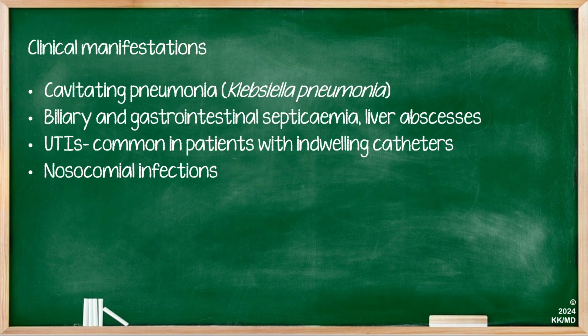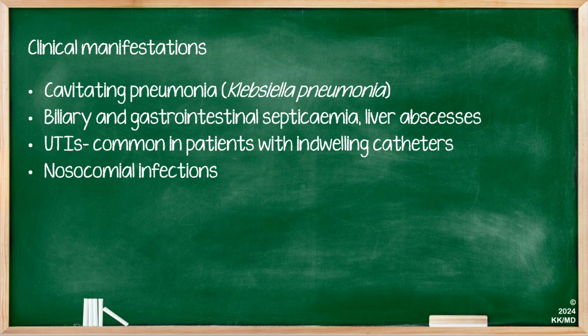The clinical manifestation of Klebsiella is quite varied. Classically, it can present as a cavitating pneumonia called Klebsiella pneumonia, and that's one of the important differential diagnoses that you need to be providing the examiner as one of the causes of a cavitating lesion in the lung.